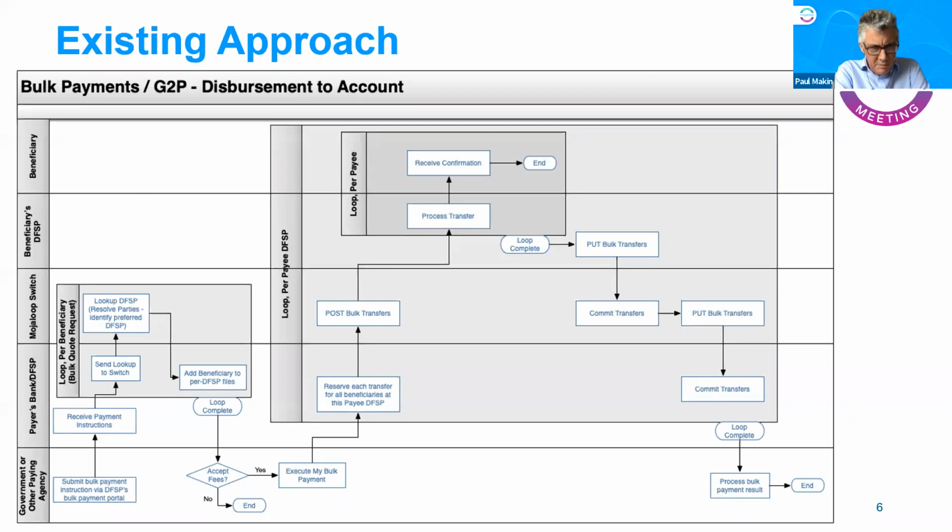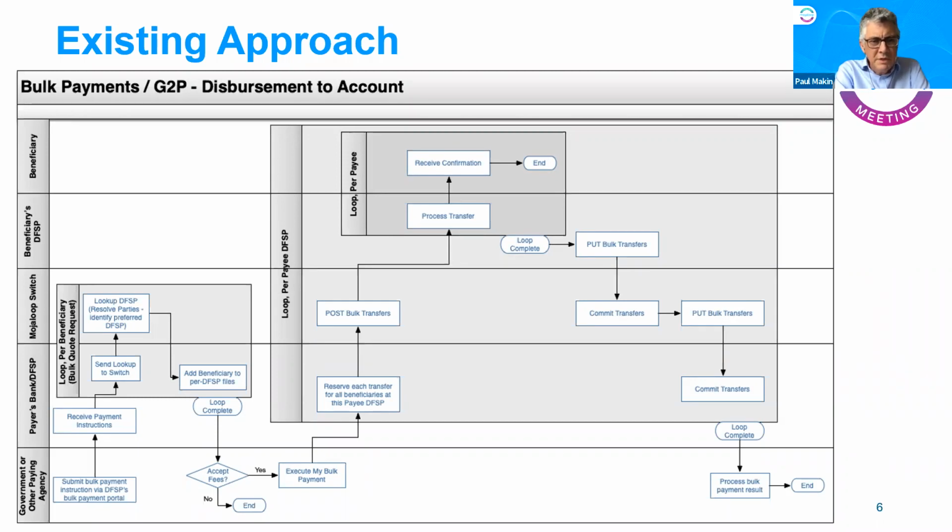An important element on the left-hand side is you can see that the payer's bank has to carry out a series of actions when they've received the payments list from the government, where they actually have to reorder that list by DFSP. So we then have a set of sub-lists, effectively, payments per DFSP.